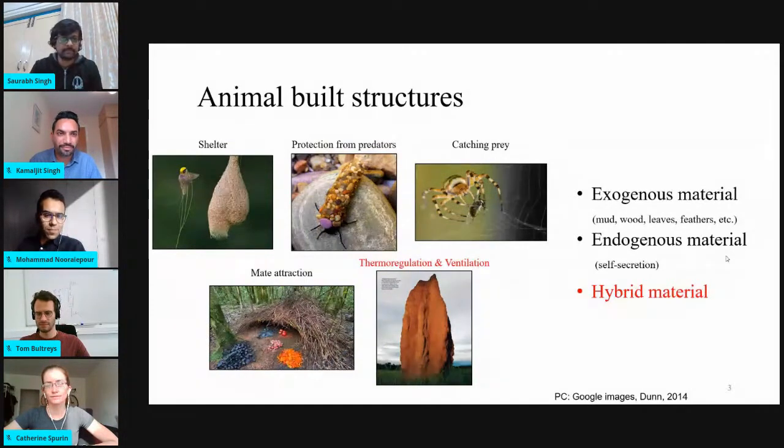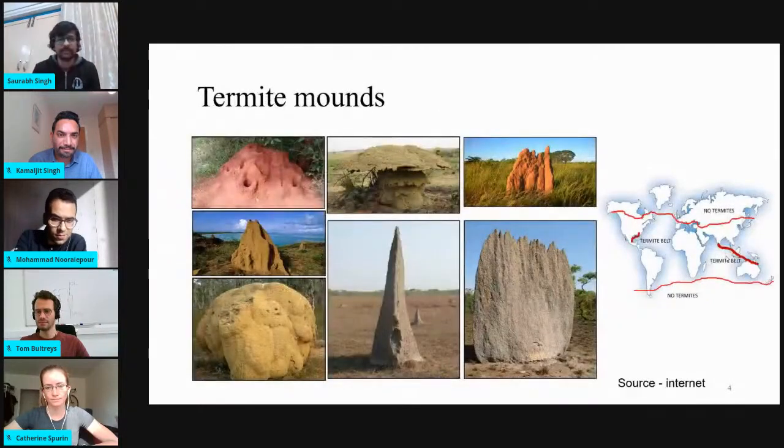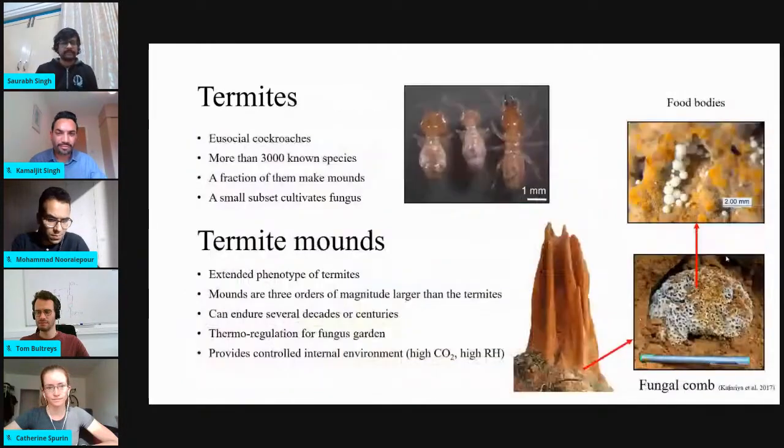In case of termite mounds, the mounds are used by termites for shelter and thermoregulation and ventilation purposes. These termites are found across the globe near the tropical and subtropical regions, such as in Australia, India, Africa, South America. Termites are highly social insects which have evolved from cockroaches.